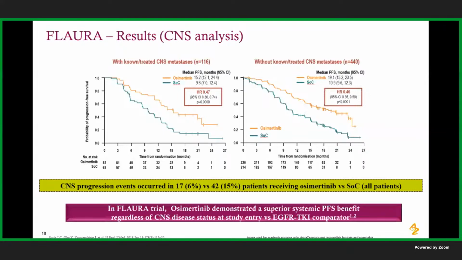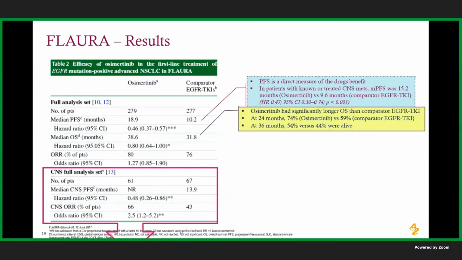So CNS progression occurred in 6% versus 15% of patients receiving osimertinib versus standard of care, and therefore it demonstrated a superior PFS benefit regardless of CNS disease. So osimertinib had significantly longer overall survival compared to other EGFR TKIs at 24 months and at 36 months. If we talk about 36 months specifically, the numbers were 54% versus 44% alive.